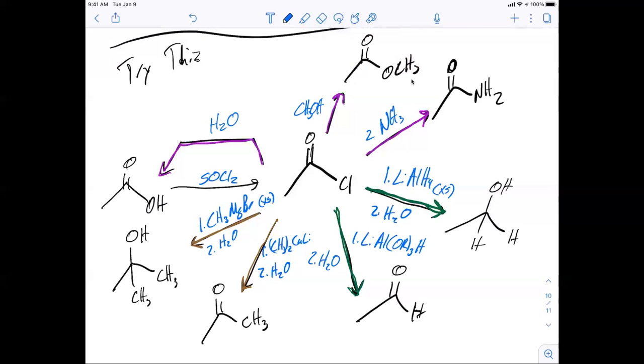So potentially the chloride to the acid, the chloride to the ester, and the chloride to the amide are reversible, but I'm going upstream, right? I'm going from a chloride leaving group to an NH2 minus leaving group. I'm not going to do that, right? So I'd have to do something to reverse it. But theoretically, they're reversible. It's just that the energy is going to the ester, to the amide.